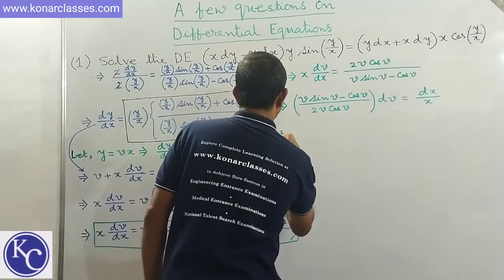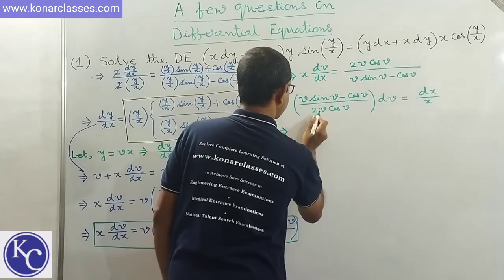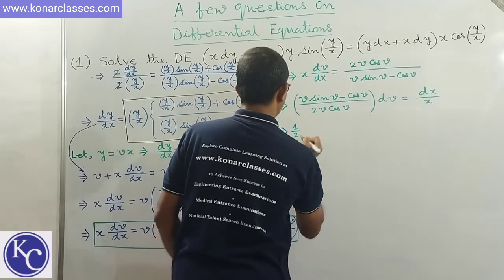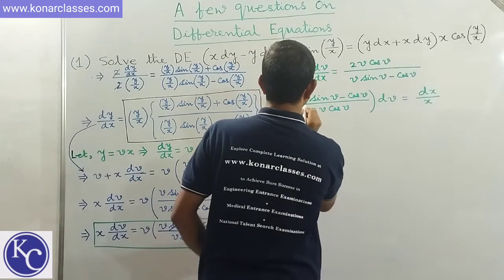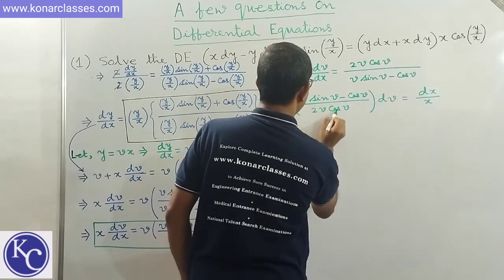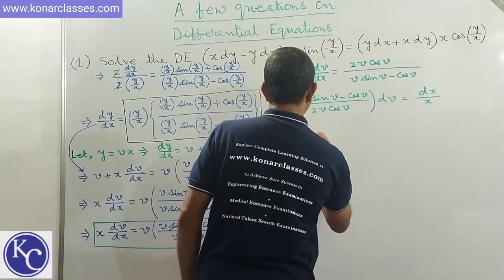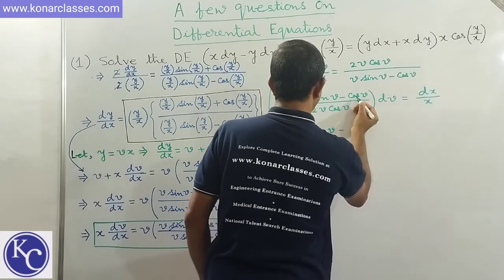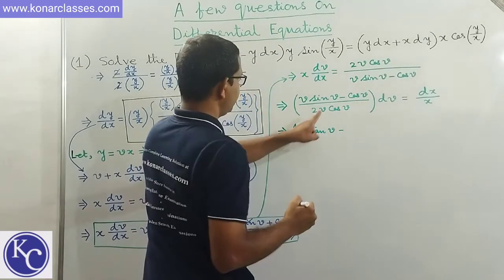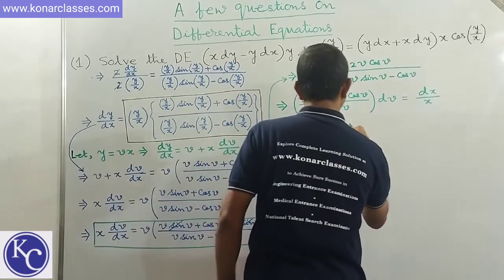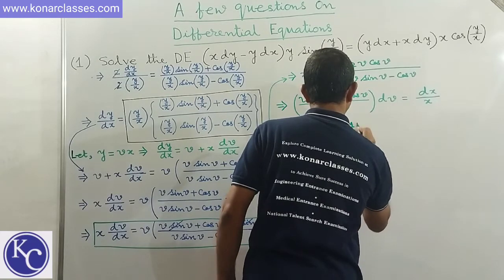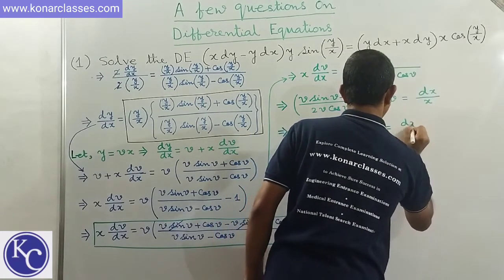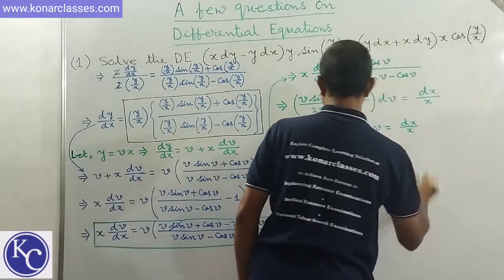So we can take this 1 by 2 common and take it outside. Then v and v will get cancelled, sin v by cos v will become tan v. Tan v minus cos v by v cos v, that will be 1 by v, into dv is equal to dx by x.